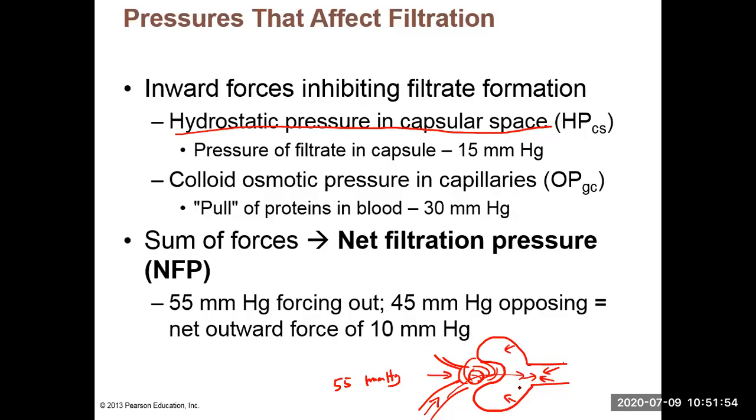So the filtrate, the fluid along with the solute, come into contact with these walls, and these walls are resistance. It's about 15 millimeters Hg that is the opposing force in this case.